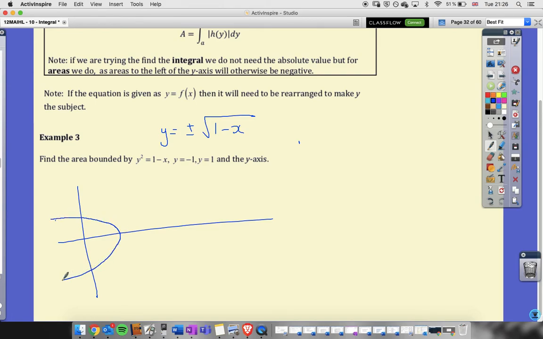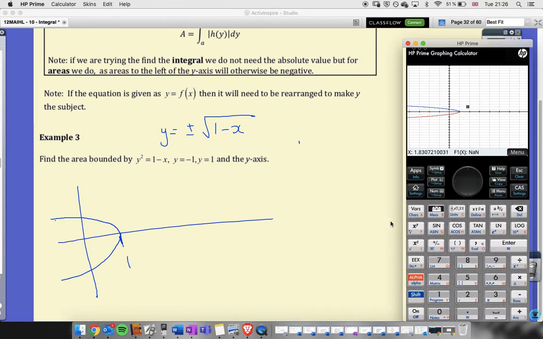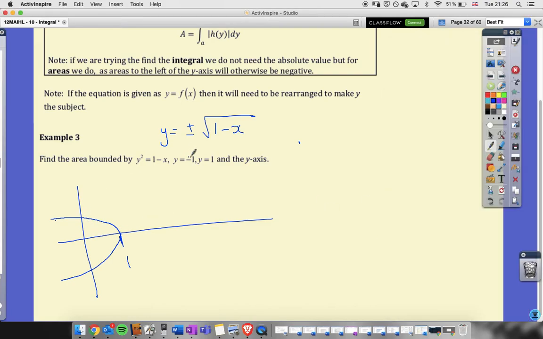Let's just check this. There we go. And we're looking from y equals negative 1 to y equals positive 1, and the area bounded by our curve, the lines y equals 1 and negative 1, and the y-axis. So we're looking for this area here.